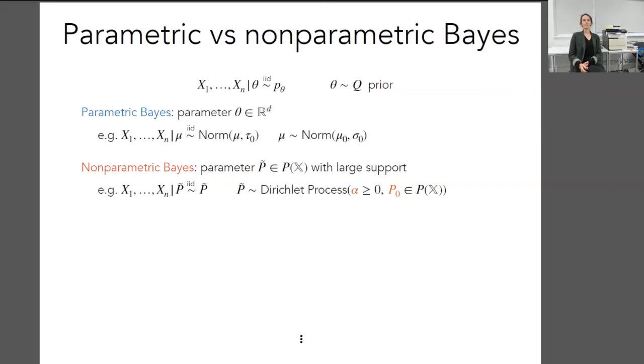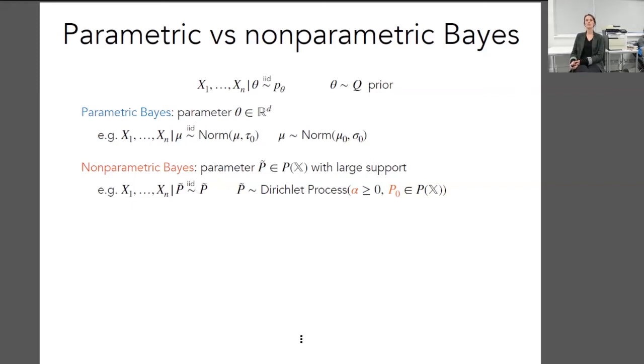So when the parameter is finite dimensional, so when it takes values in R^d for some d, then we talk about parametric models. Whereas when the parameter space is infinite dimensional, so for example, taking values in the entire space of probabilities, then we say that the model is non-parametric.